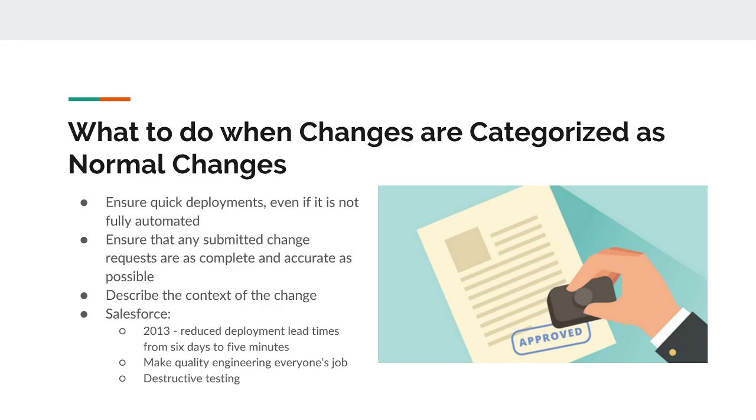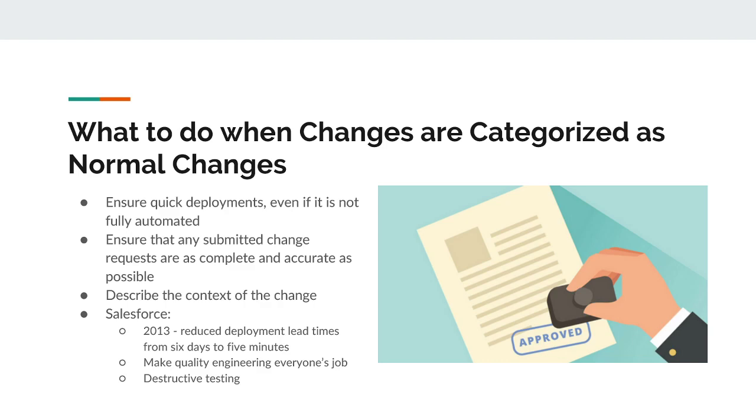One of the most key details for normal change is to describe the context of a change. State exactly what it is that changes, and how it is going to affect the entire production process.